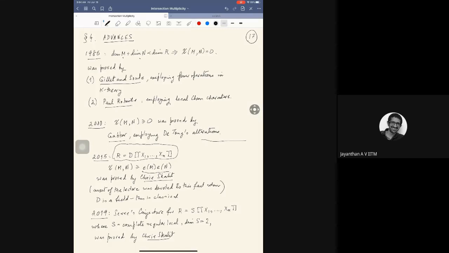And so wherever Serre showed that it was positive, Chris obtained this lower bound. And then 4 years later, he made a further improvement. Excuse me, not improvement of this statement, but he generalized theorems of Serre in two different directions. One was to obtain this lower bound, and the second was to prove whatever Serre proved, this time for power series rings over a regular local ring of dimension 2.